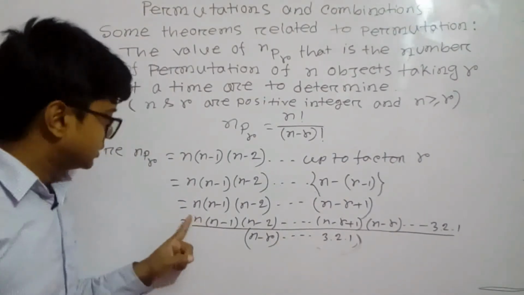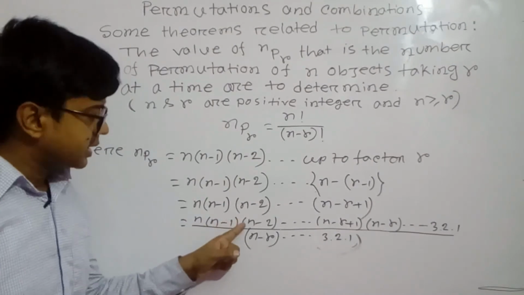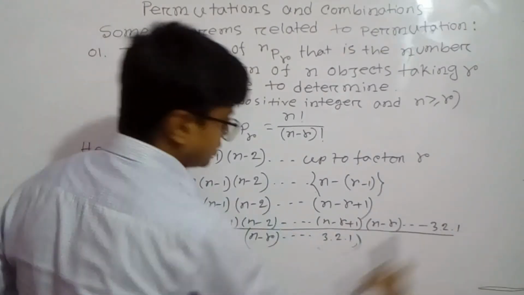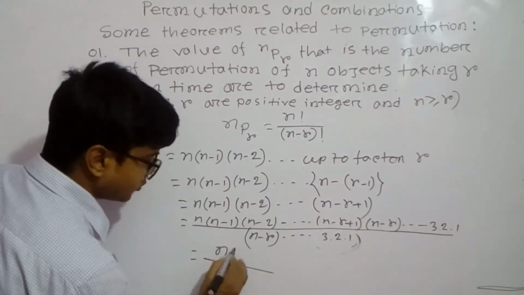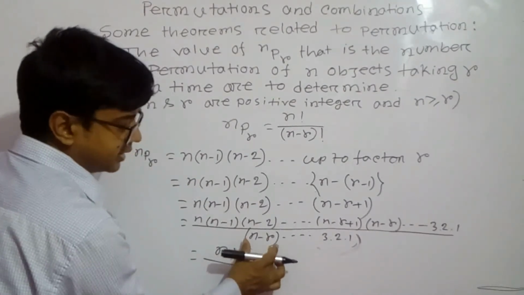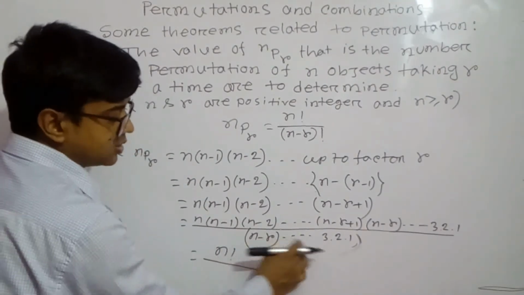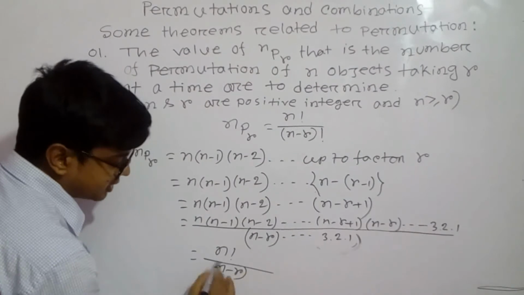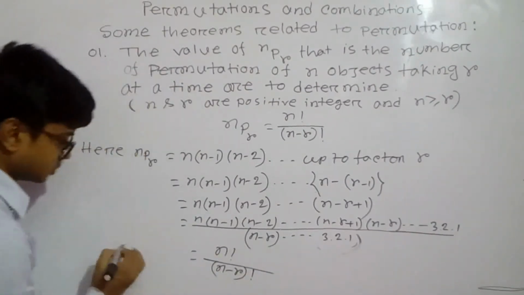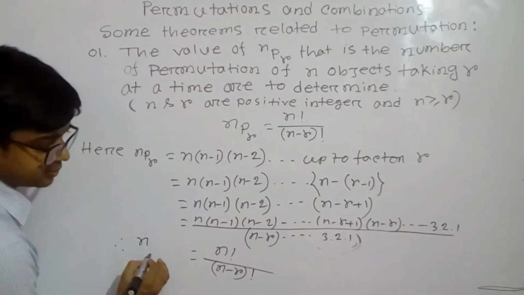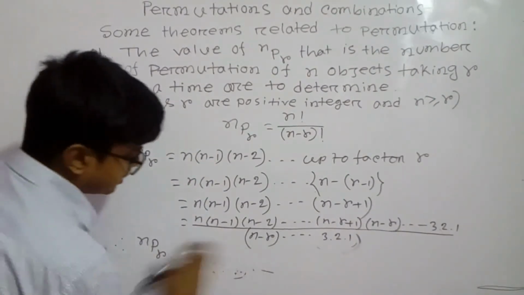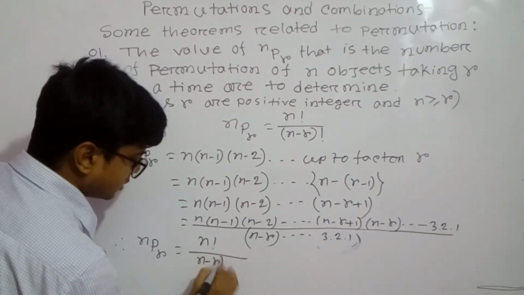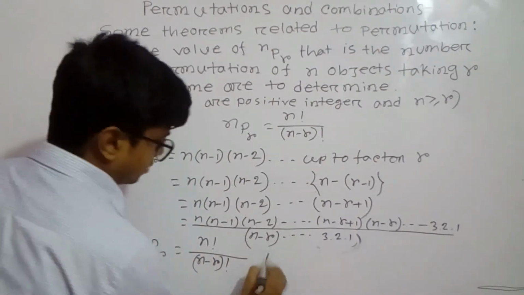So here n into n minus 1 and n minus 2 and so on up to 1. So we can write factorial n, and the denominator is n minus r and so on, 3 into 2 into 1. So it will be n minus r factorial. So nPr equals factorial n by factorial n minus r. Proved.